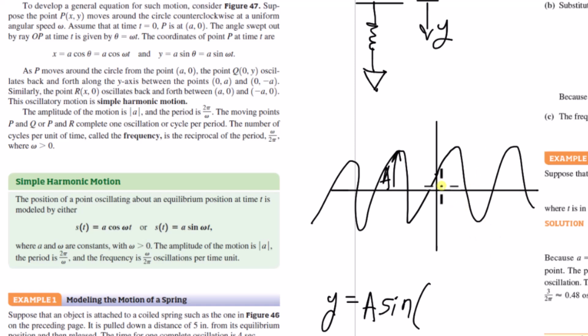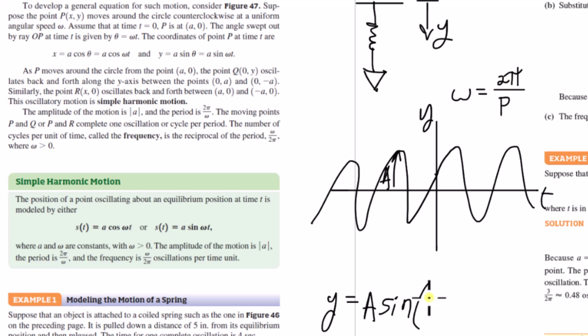So when you go a full period, this is position as a function of time. This is y, this is time. So the period is going to be a certain number of seconds, but you go 2 pi radians in that number of seconds. So omega is going to be 2 pi over the period.